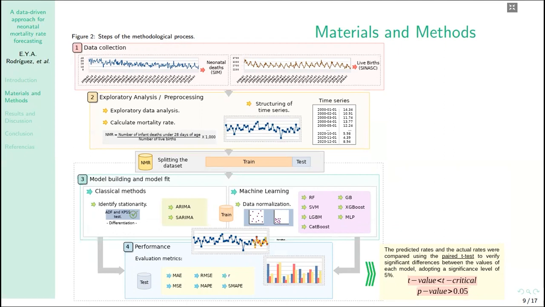In addition, the predicted rates and the actual rates were compared using the paired t-test to verify significant differences between the values of each model, adopting a significance level of 5%.